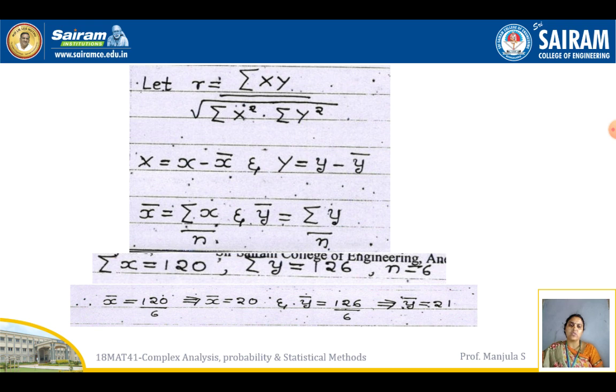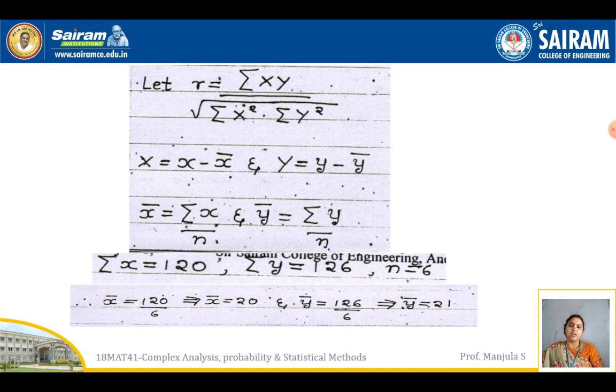Here n is equal to 6 because 6 values of x and y are given. With the help of the given data, we can find the summation of x, that is 120, and summation of y is 126. Substituting these values, x bar is 120 by 6, which is 20.